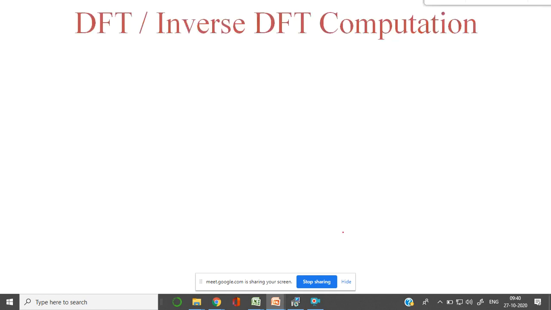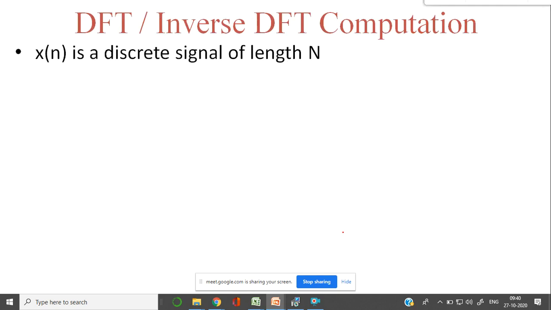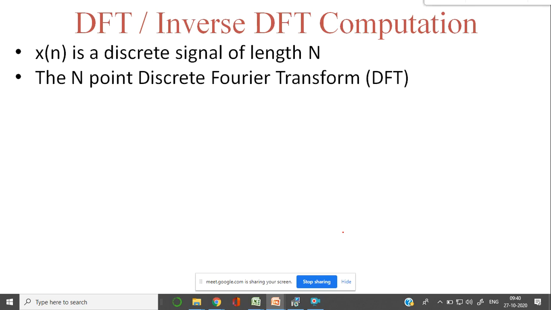Now quickly I will revisit the concept of DFT and inverse DFT. So this is what the definition says, that x of n will be an input signal, where this input signal is of type discrete signal.